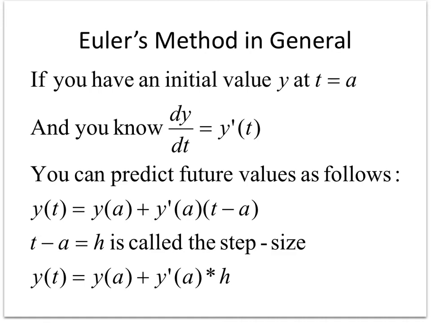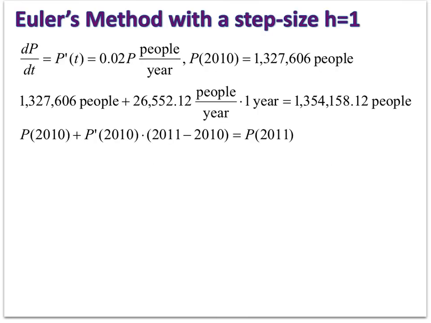So if you have an initial value of y at t equals a, and you know your rate of change, then you can predict any future values. This is exactly what we saw with the tangent line approximation: I can predict this value by taking a previous value plus the rate of change times what we call the step size, where you saw me multiplying by 1 because we only had a step size of 1 year.